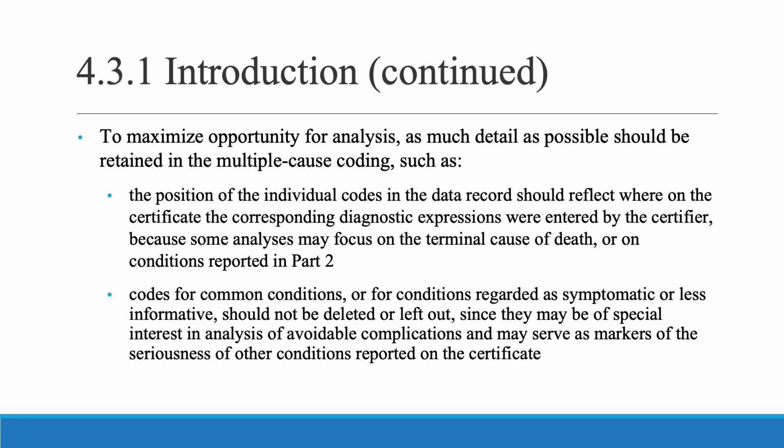On the slide, it goes on to say, such as the position of the individual codes in the data record should reflect where on the certificate the corresponding diagnostic expression or cause of death was entered by the certifier, because some analysis may focus on the terminal cause of death or on conditions reported in Part 2.